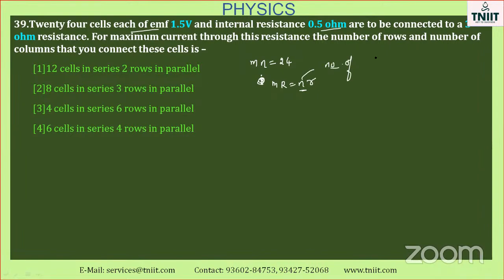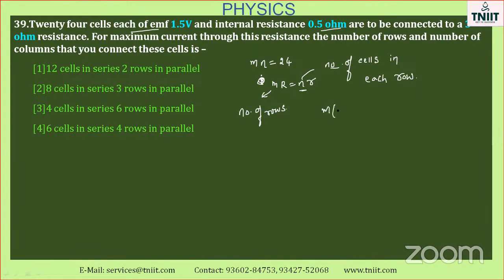M represents the number of rows. So 24 cells, each EMF of 1.5, to be connected with an external resistance of 3 ohm.